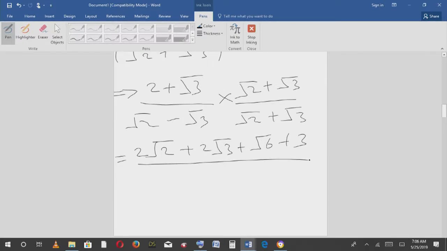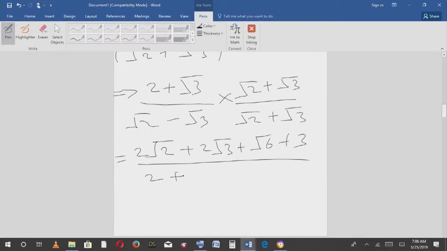All upon, again we multiply the denominators. The denominator is root 2 minus root 3 multiplied by root 2 plus root 3. We take it step by step. Root 2 multiplied by root 2 gives us 2. Then root 2 multiplied by root 3 gives us root 6, since there is a positive sign in front of root 2.